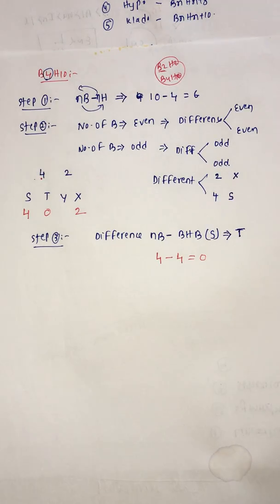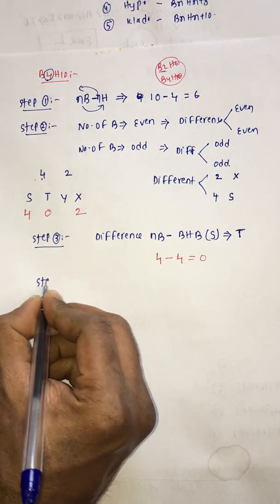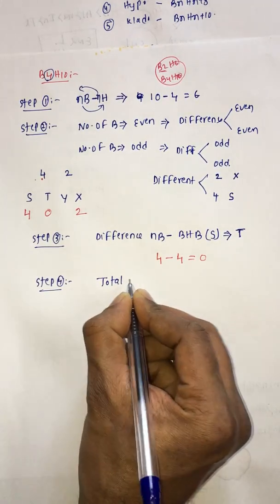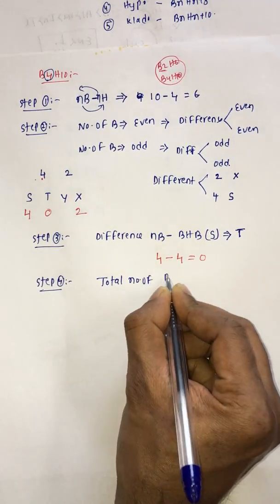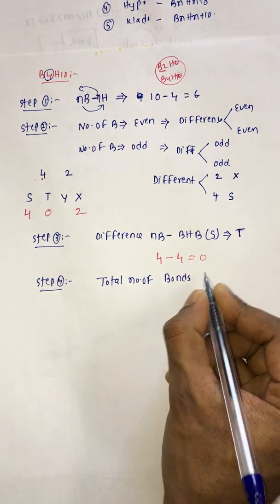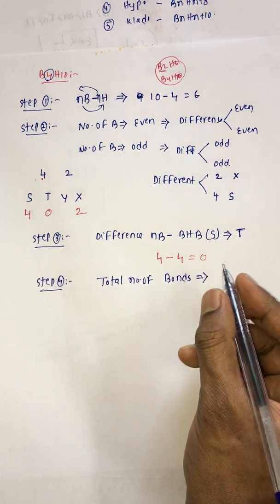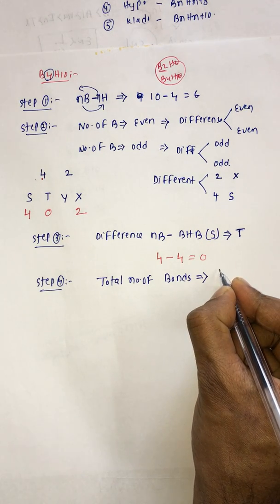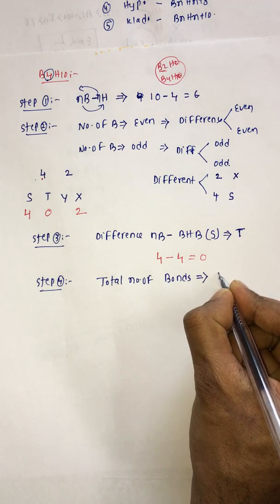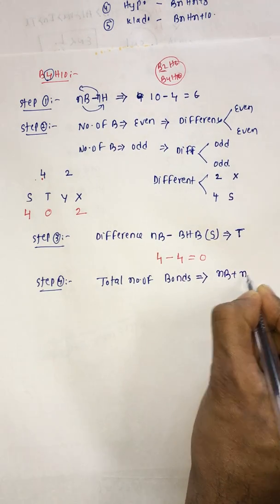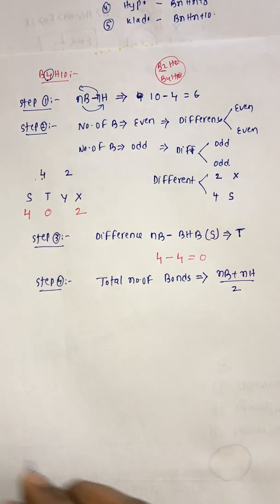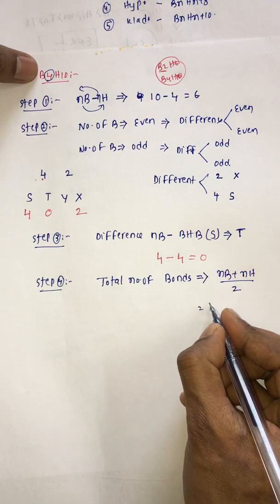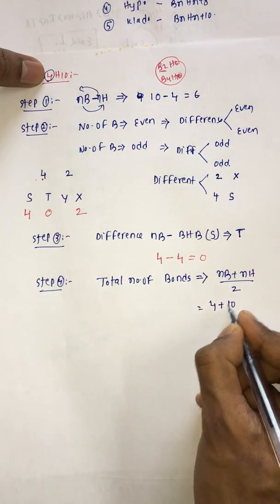Next, step 4. We have to calculate the total number of bonds. The total number of bonds will be the number of borons plus the number of hydrogens, divided by 2. Here how many borons are there? 4. How many hydrogens? 10, by 2.